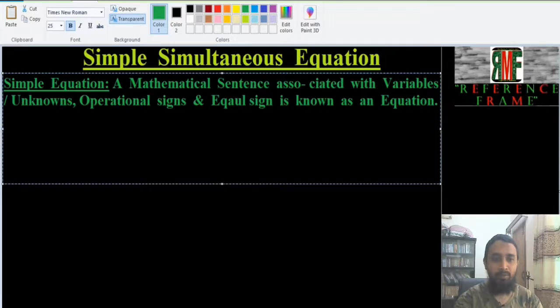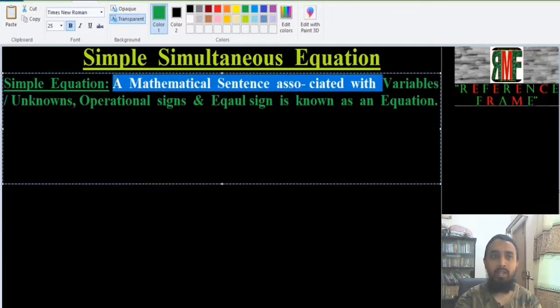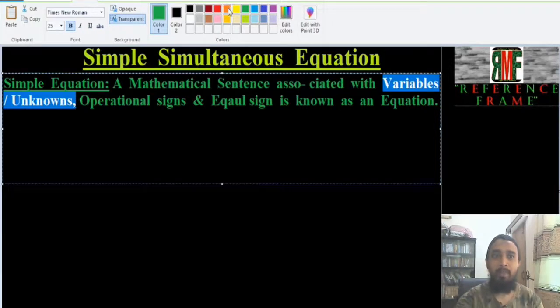So first of all, what is a simple equation? A simple equation is a mathematical sentence associated with variables, unknowns, operational signs and equation signs. Look how many things we need here. First of all, we need unknowns or variables. That means the value that we need to find.